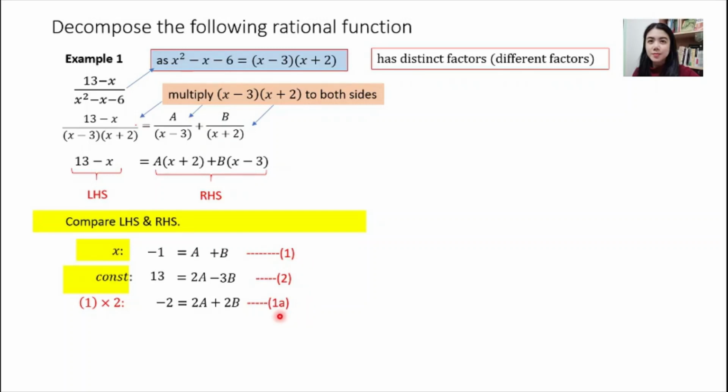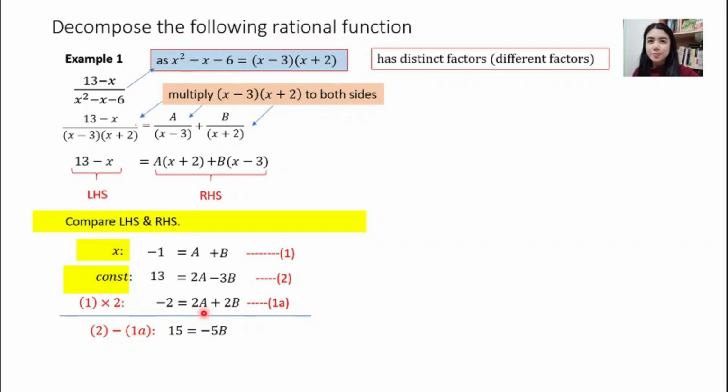Now the next thing you should do is subtract. You just take equation number 2 minus equation 1a. When you subtract, you have 13 minus 2, so you have 15. And then for the next, you have 2a minus 2a, so you have 0a.